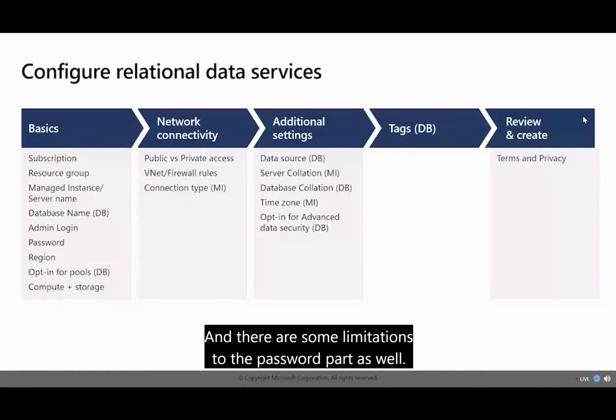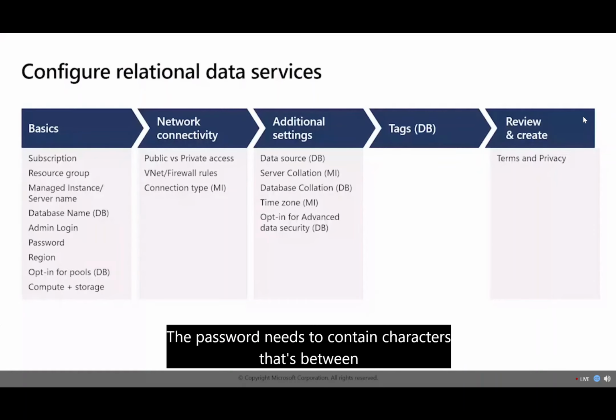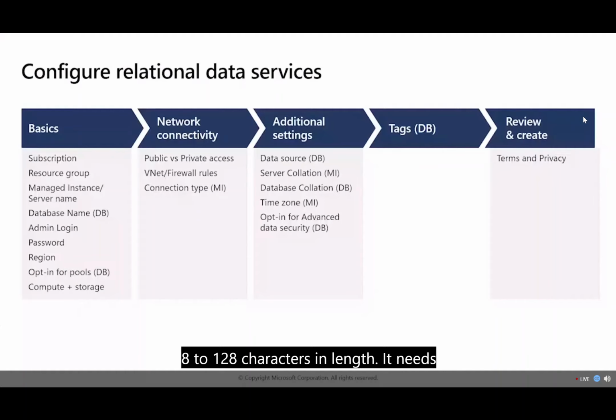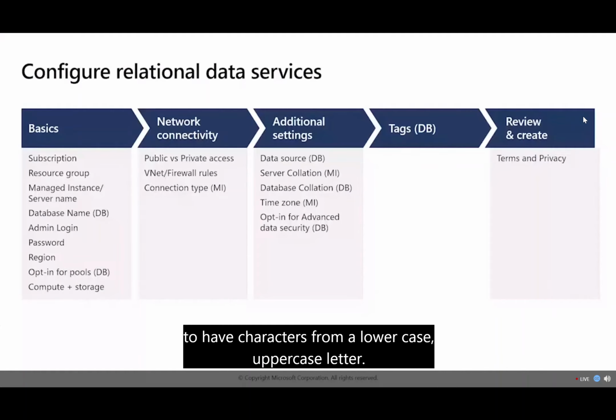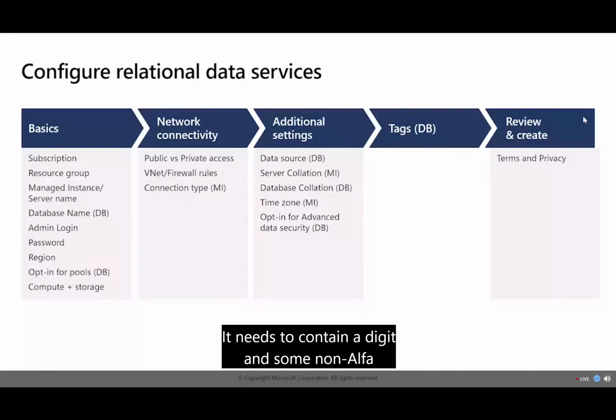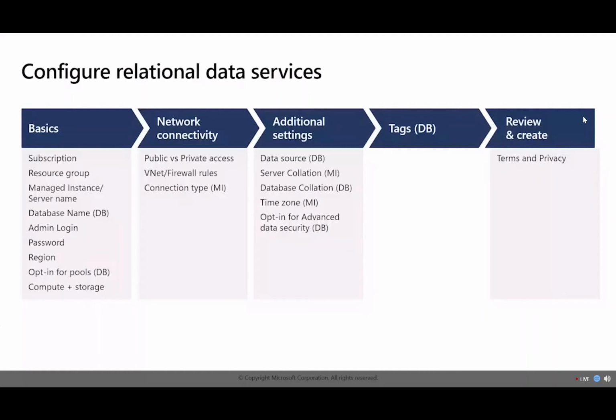There are some limitations to the password part as well. The password needs to be between 8 to 128 characters in length. It needs to have characters from lowercase and uppercase letters. It needs to contain a digit and some non-alphanumeric character as well.